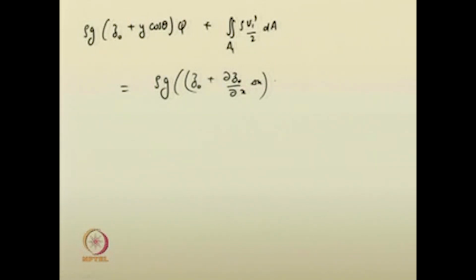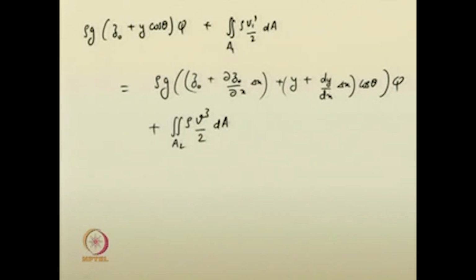So, plus y plus dy by dx into del x, cos theta, into Q. Then you have the areal integral rho V Q by 2 dA plus rho g Q del HL. So, the energy equation becomes in the following form.